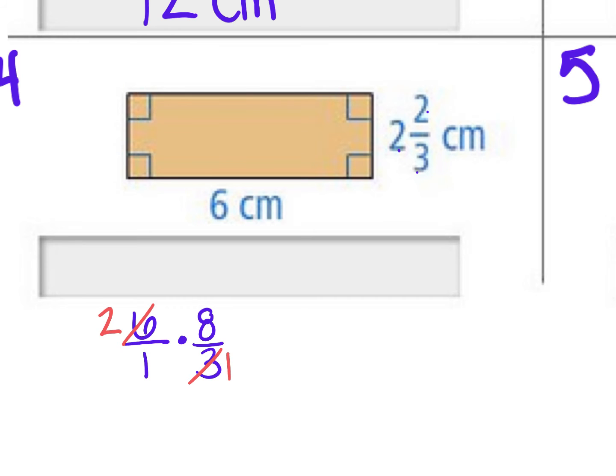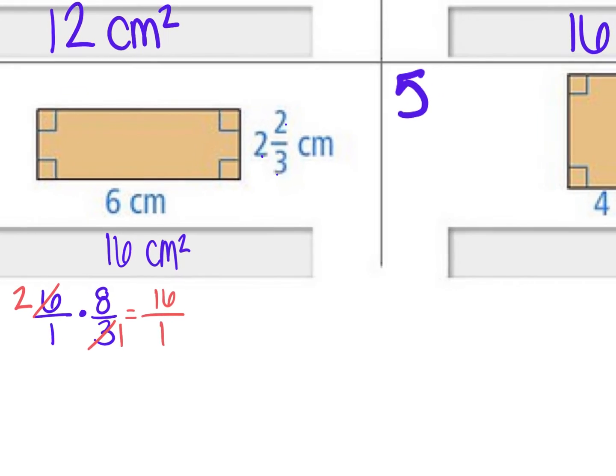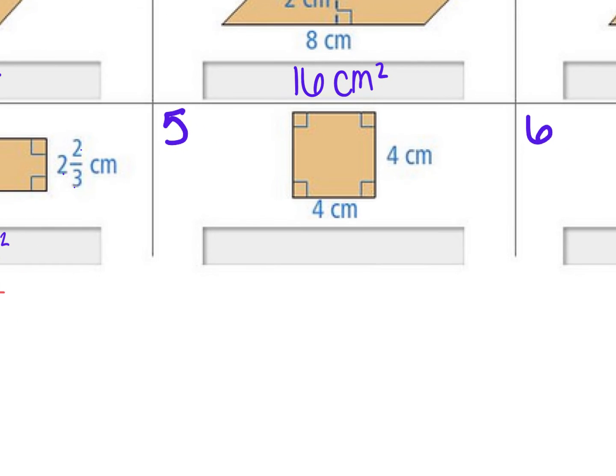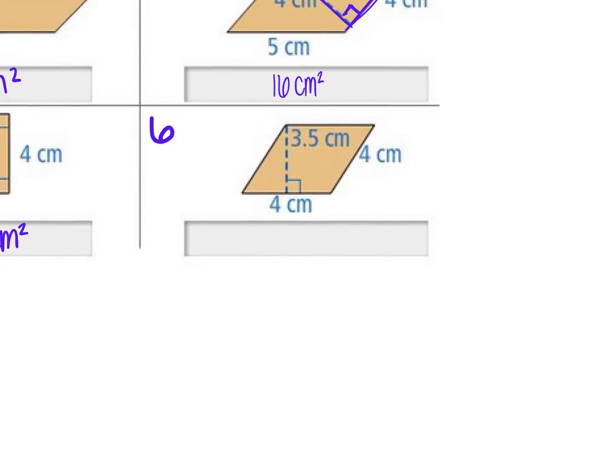That turns into a 2 and a 1. That makes it a lot easier. 2 times 8 is 16, 1 times 1 is 1. So that one is equal to 16 centimeters squared. Number 5 was a square. Yes. 16 centimeters squared.